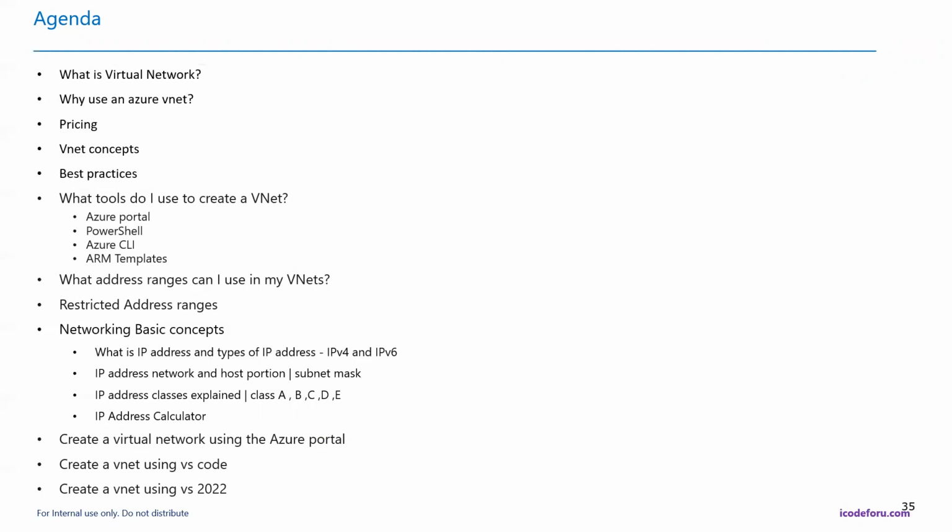It is basically the fundamental building block of your private network, because you are sitting in the public cloud in Azure and you are trying to secure yourself by creating a private virtual network in Azure. It enables all the resources you are creating to communicate securely through the internet, through the on-premises networks if you have them, and also through other virtual networks.